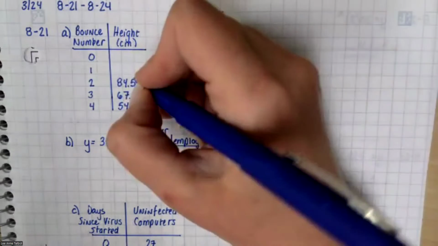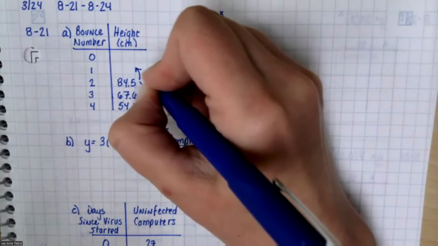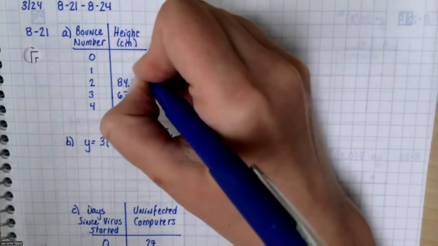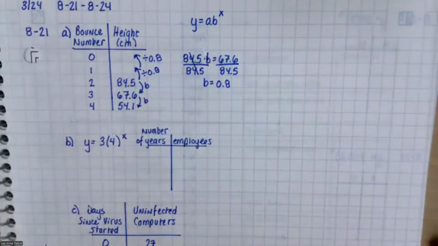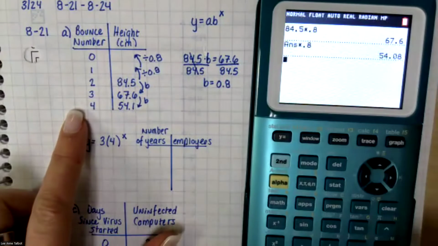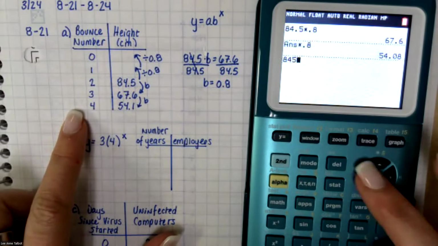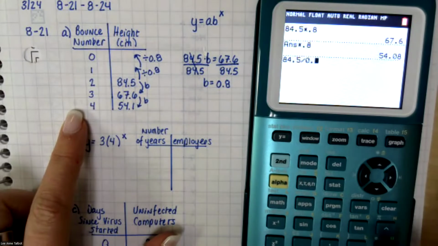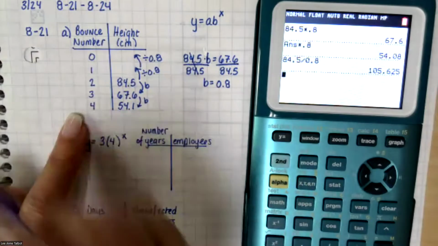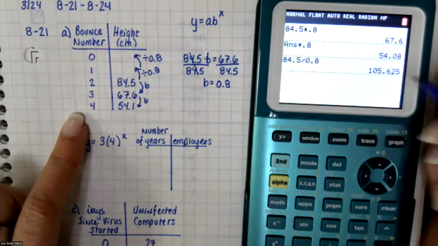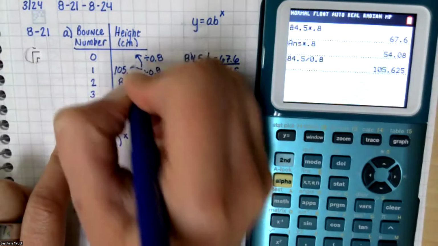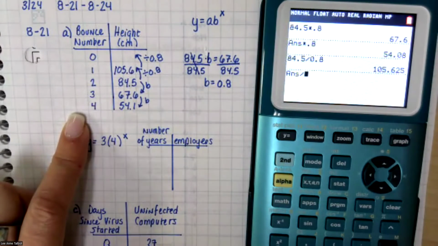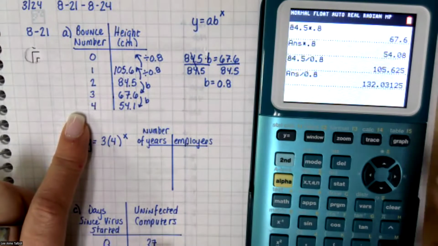Divide. Okay, so I'm going to divide by 0.8. So 84.5 divided by 0.8. We're just going to round this to the tenth. So we're going to put 105.6. And then divide by 0.8 again to go up.